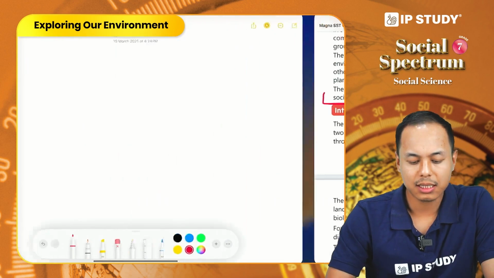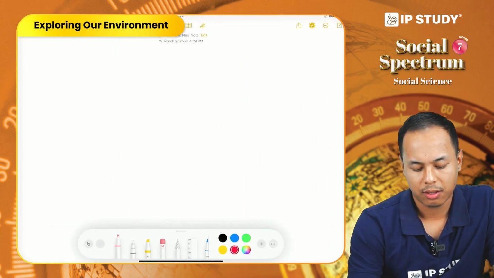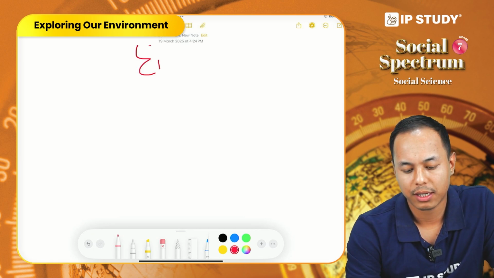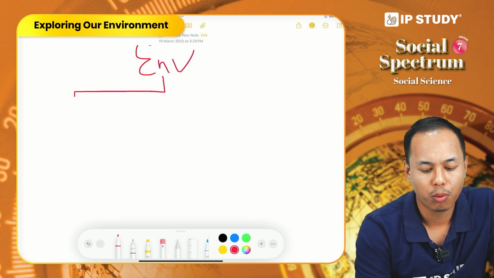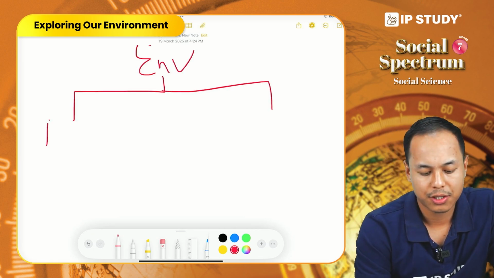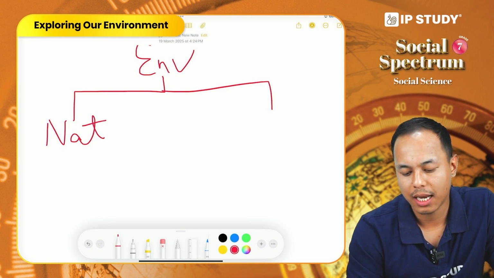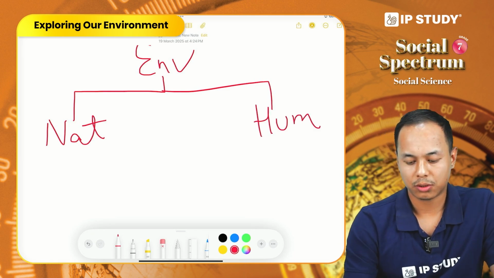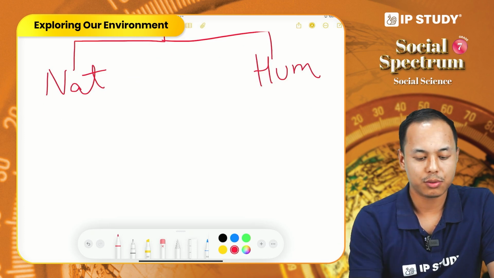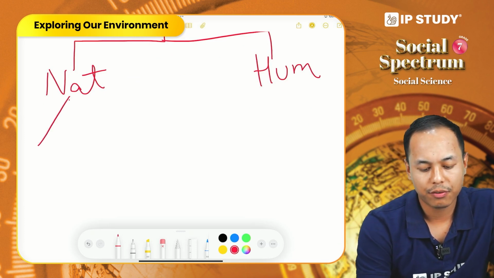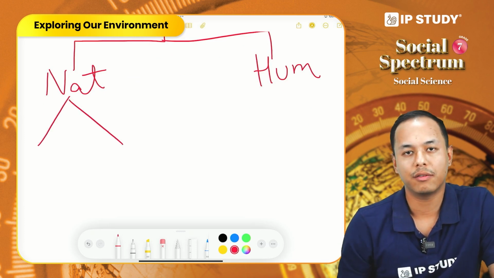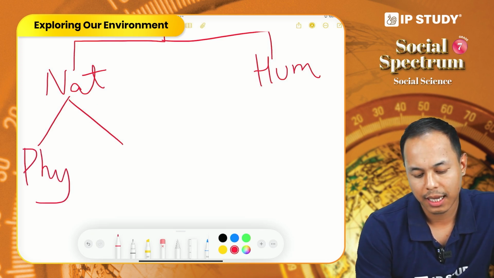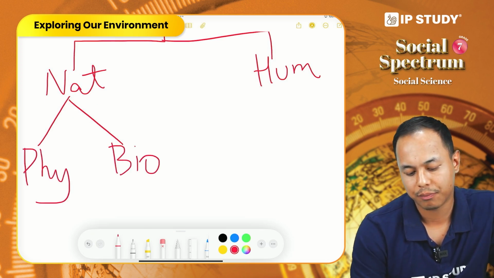To understand this in a better way, we can make a flow map or a flow chart. Environment can be broadly classified into natural and human. I'm using the shortcut so that we don't waste time. Under natural, we have two broad divisions of elements: firstly physical and secondly biological.